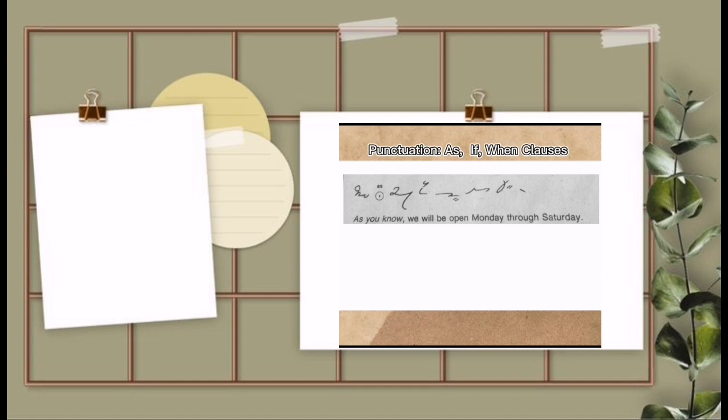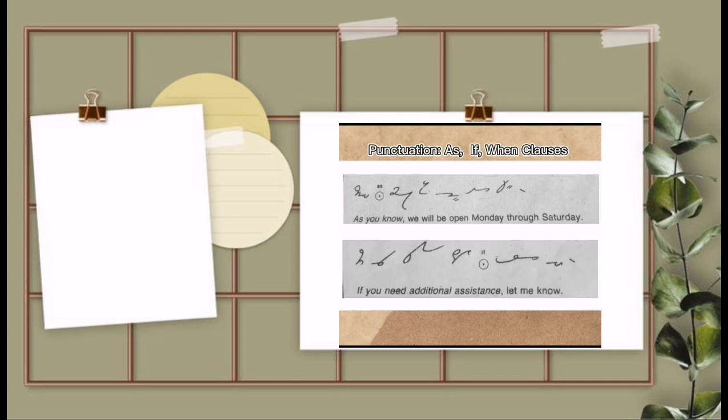As you know is an introductory clause that begins with as, followed by a subject, you, and then a predicate, know. Another example, if you need additional assistance, let me know. Same rule, we place the comma at the end of the clause that is introduced by as, if, or when.